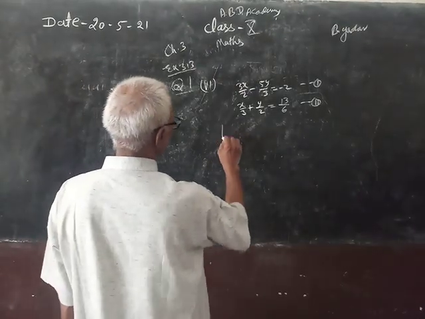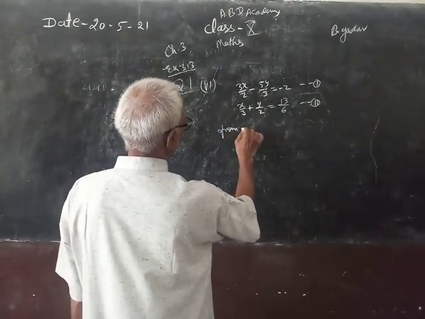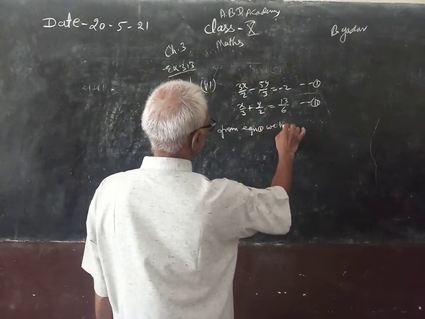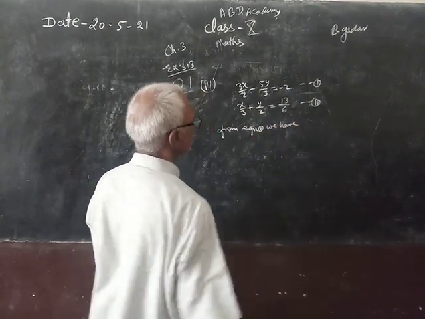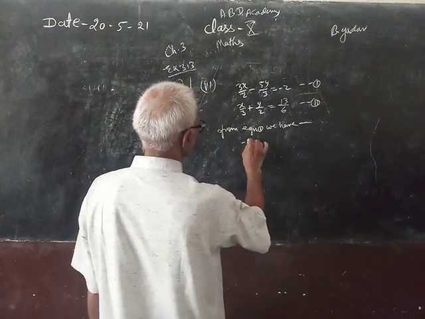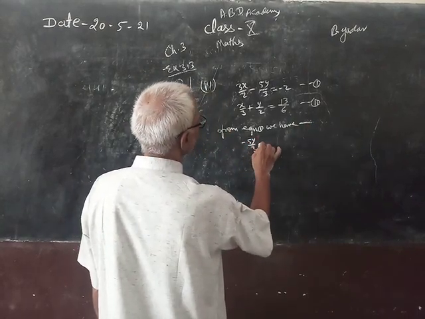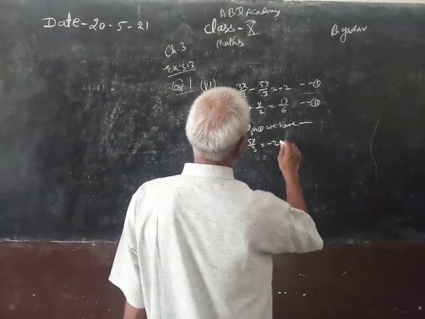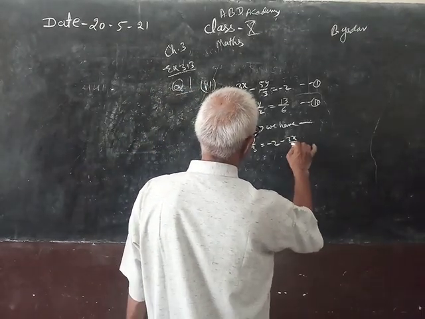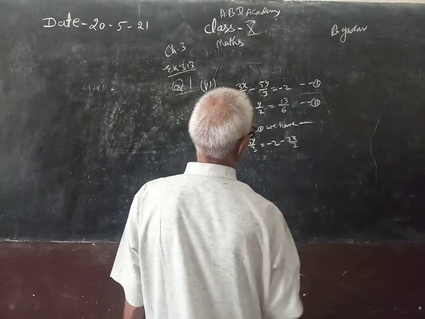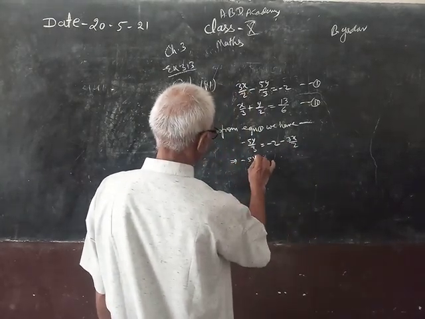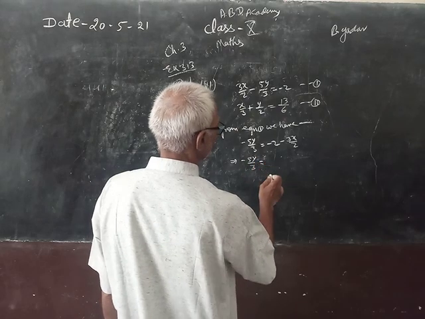See here, from equation 1 we have minus 5y by 3 is equal to minus 2 minus 3x by 2, which implies minus 5y by 3 is equal to that.